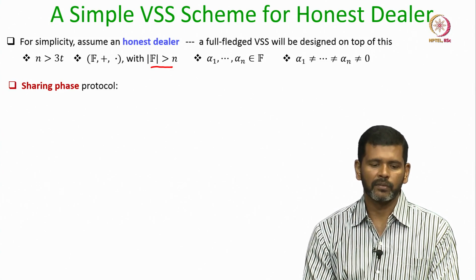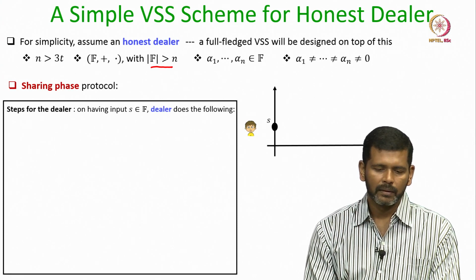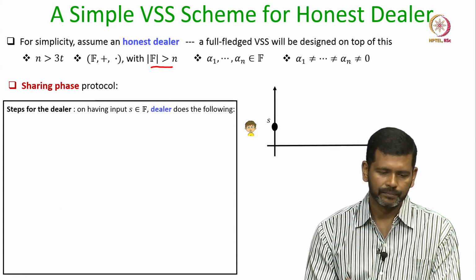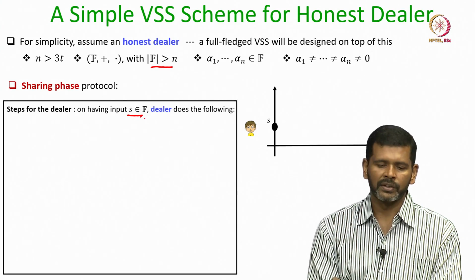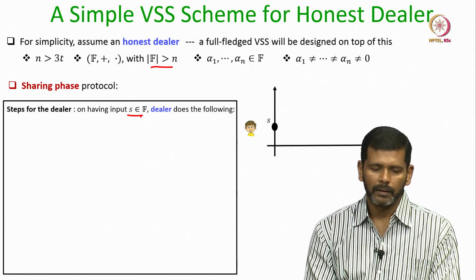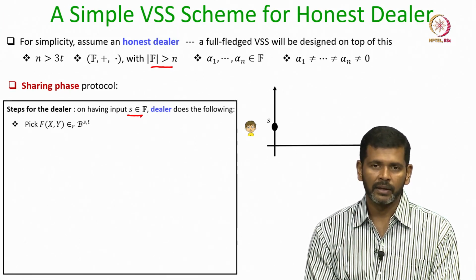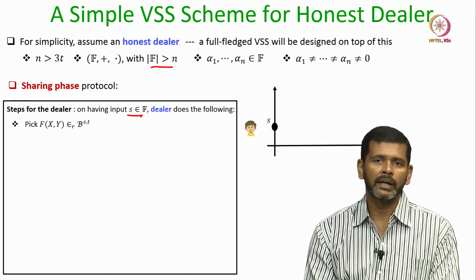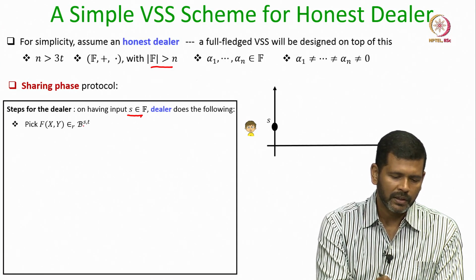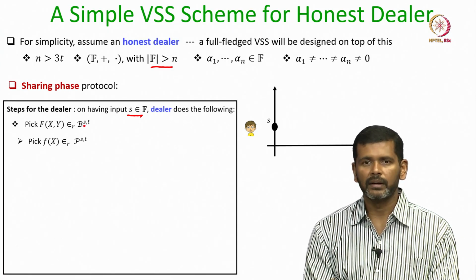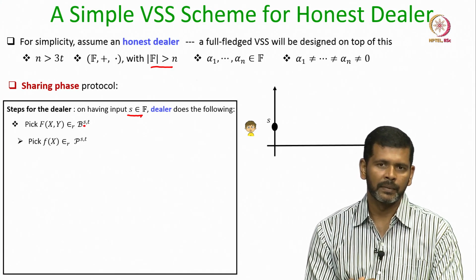Now, what is the sharing phase protocol? Since we are assuming the honest dealer, an honest dealer can do the following. If it has an input S which it wants to secret share, where S is an element of the field, the dealer can pick a random t degree bivariate polynomial f(x, y) whose constant term is S. There are several ways to pick this random t degree bivariate polynomial.